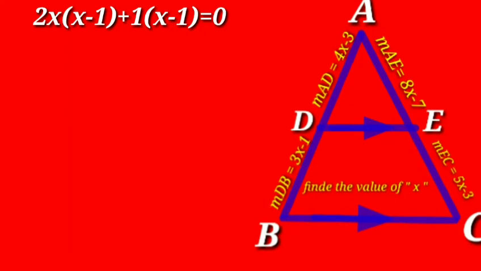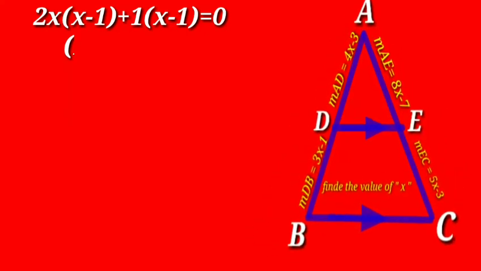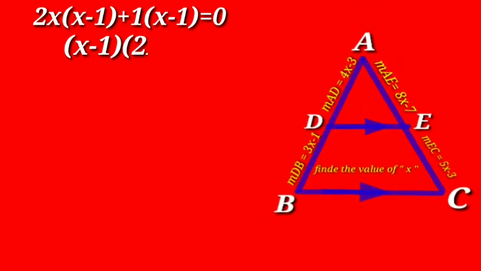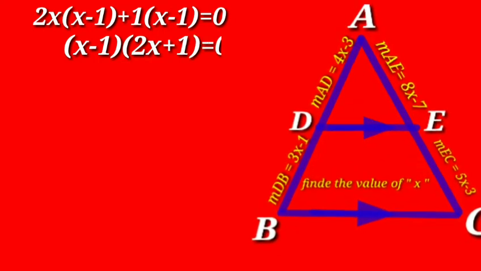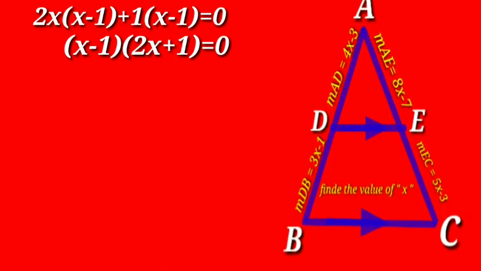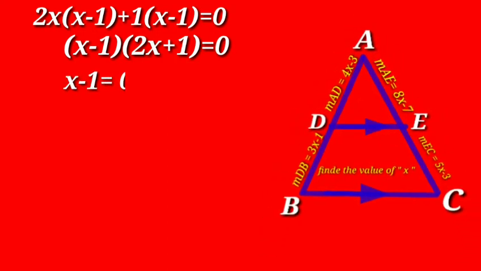Taking again common x minus 1 in this equation. So x minus 1 is equal to 0 and 2x plus 1 is also equal to 0.